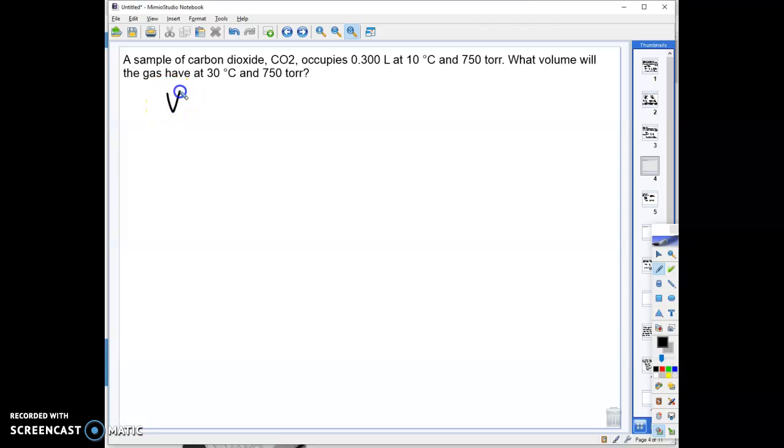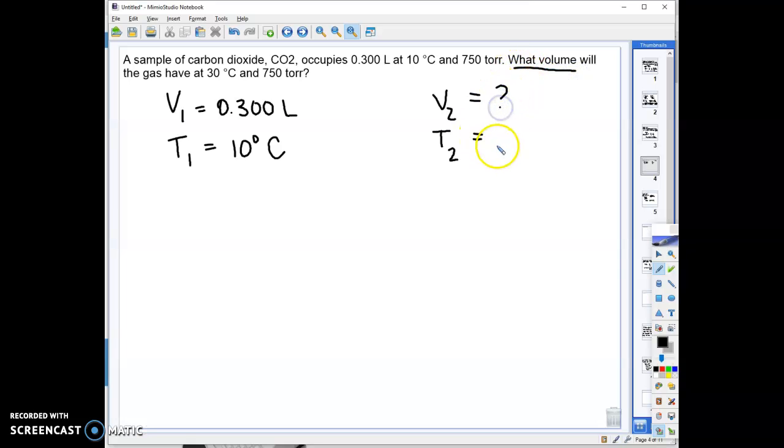So I'm going to write out my variables just like I did when I worked the first problem. My first volume is 0.300 liters. My initial temperature there is 10 degrees Celsius. I'm looking for the volume, and I'm given a second temperature of 30 degrees Celsius. Now again, my first step in this is to convert those temperatures to Kelvin.